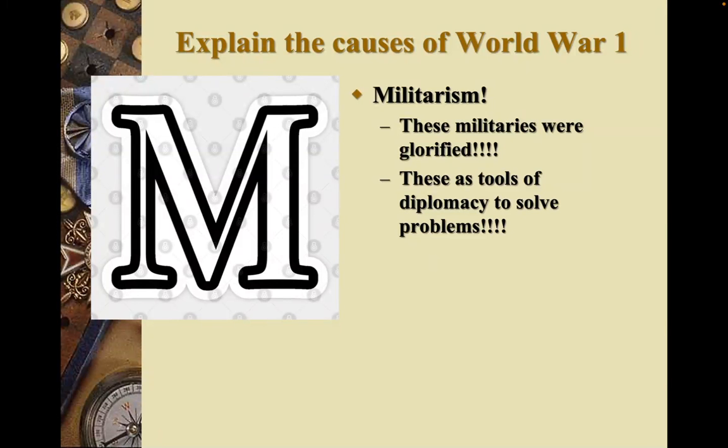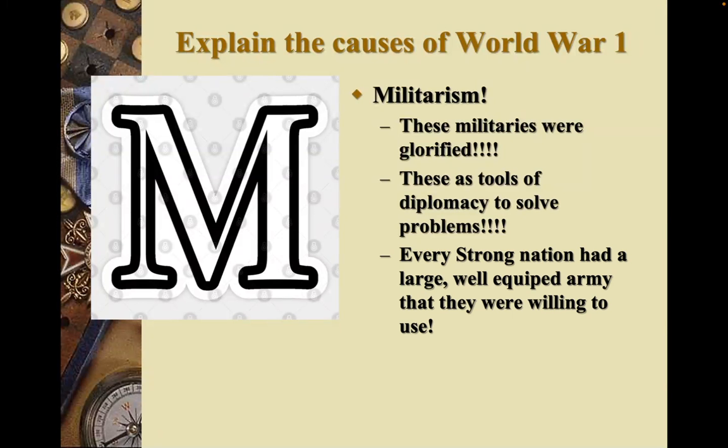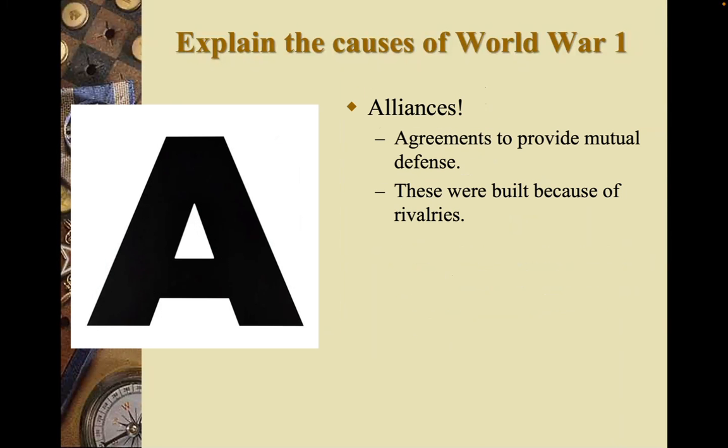Now, when issues broke out between nations, instead of negotiating and using diplomacy, these militaries and the threat of military action were used as tools to solve problems. Every strong nation was going to have this large, well-equipped army that they were willing to use. So by the dawn of 1914, Europe had really turned into an armed camp.